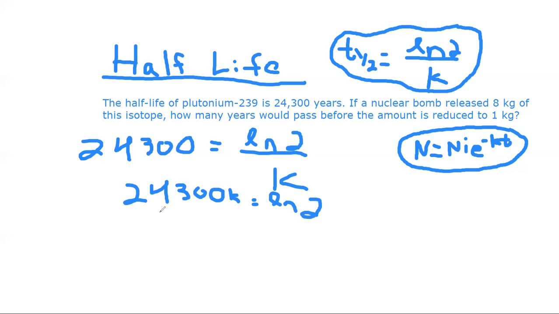And now we can divide 24,300 on both sides. So we would have that k is equal to ln of 2 over 24,300. And that comes out to be 2.85 times 10 to the negative fifth.